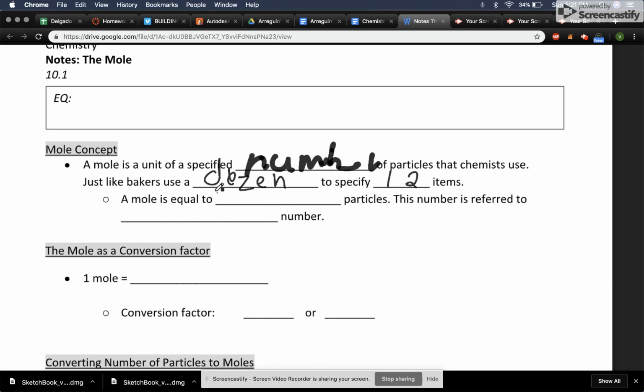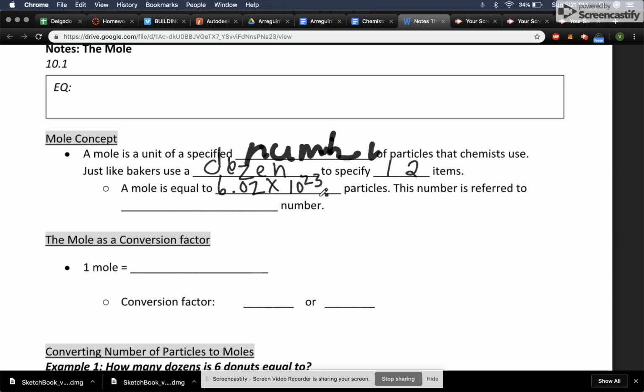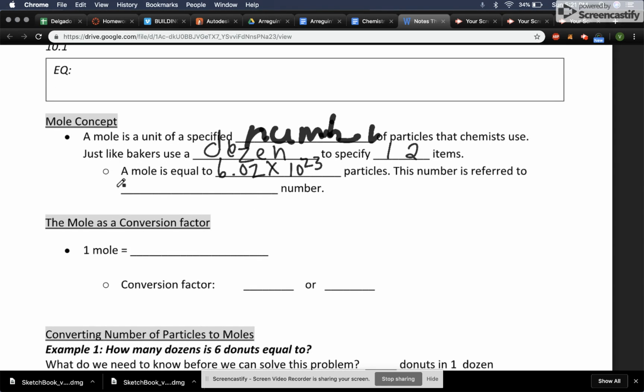The mole is equal to 6.02 times 10 to the 23rd power right up here. All right, and this number is referred to as Avogadro's number. Okay, so make sure you guys know that Avogadro's number.